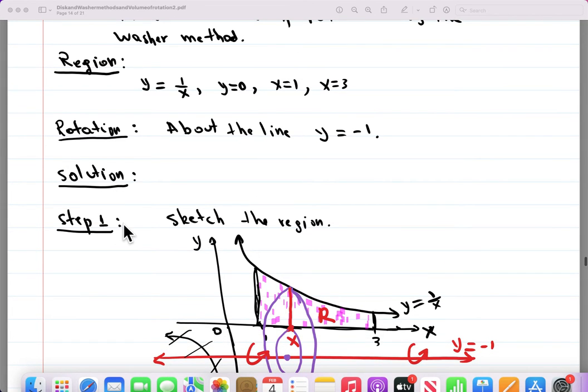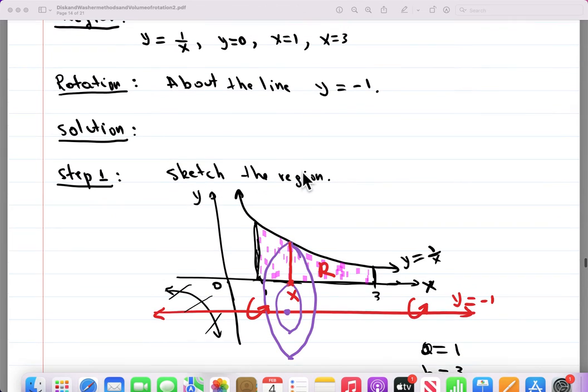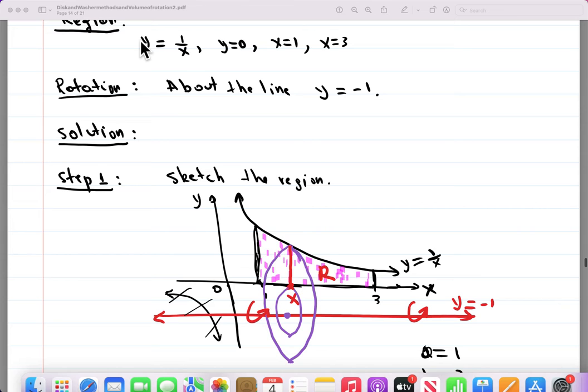So for the solution, the first step is to sketch the region. So when you sketch y equals 1 over x, you get this curve.